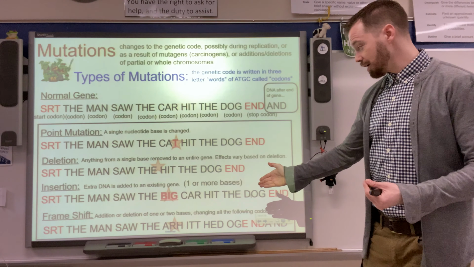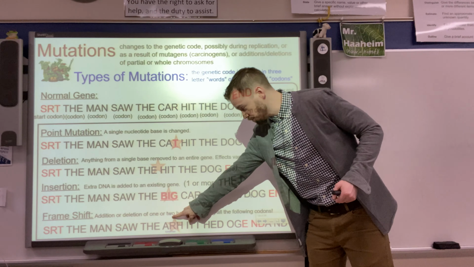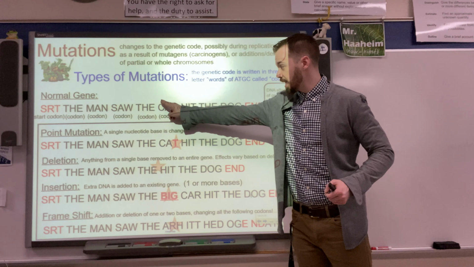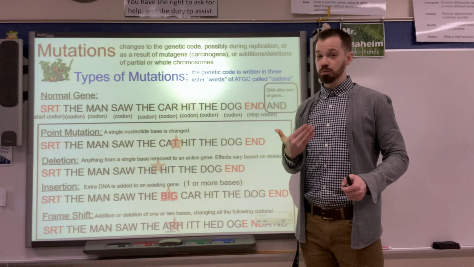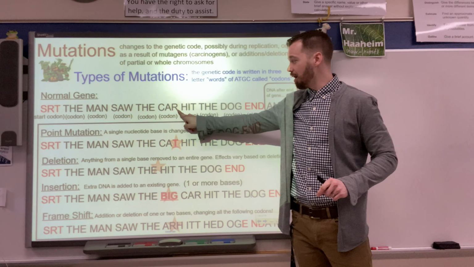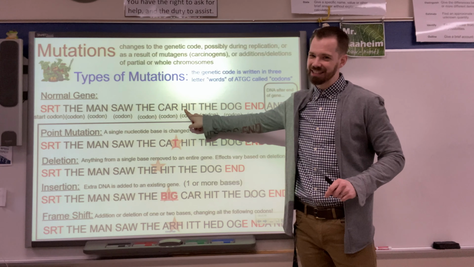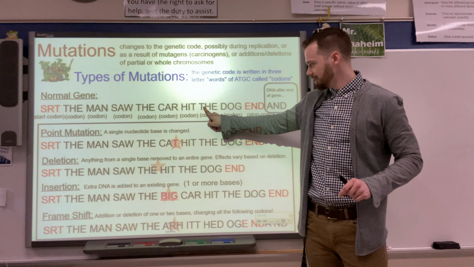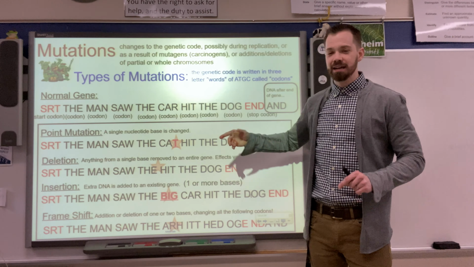So what we can see now is there was a frame shift right here with the C. We no longer have the C, and if you take the C, the next word you have, if you look at just the next 3 letters, is A-R-H. That's not a word. And then we have I-T-T, and then H-E-D. You see how that happens?